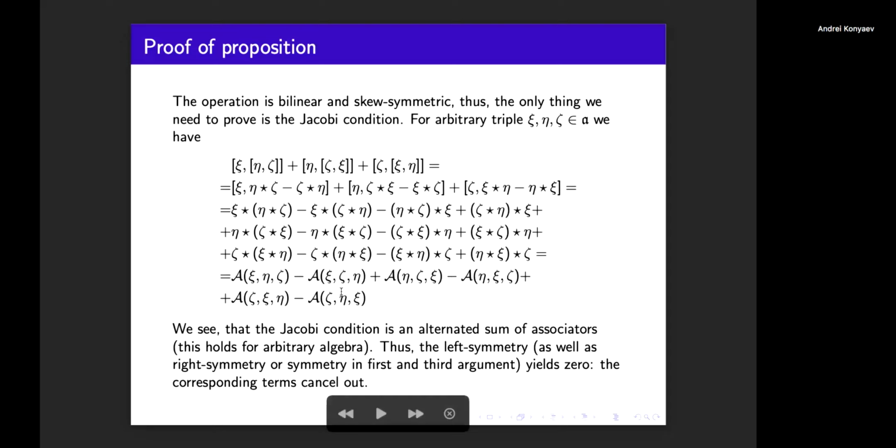It's the same way you can prove it if you have a right symmetric algebra, which means that you can switch not the first and second, but the second and third elements. And you can, for example, switch the first and third element, like this, whatever, a central symmetry condition. In all these cases, you get that the sum vanishes and you get 0. It means that the commutator satisfies the Jacobi condition. Okay.